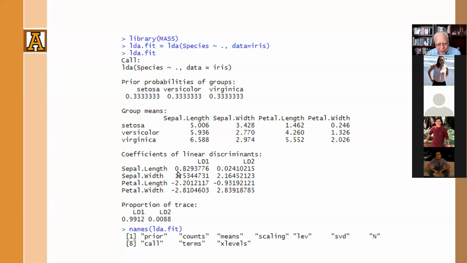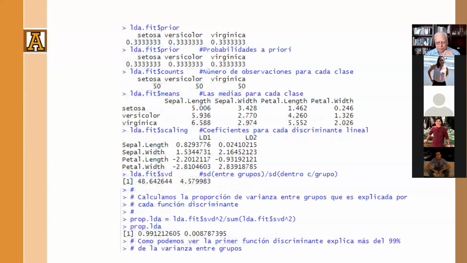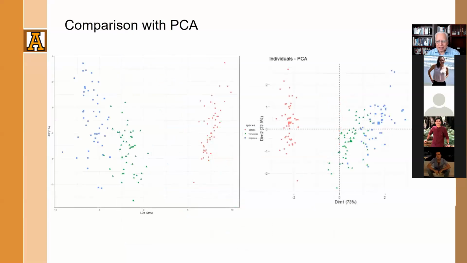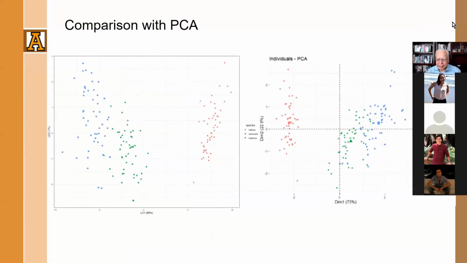These are almost twice, more than twice, the coefficient for sepal length and so on. So there's more weight to these two variables because those two variables alone are giving me pretty good separation between the two groups.